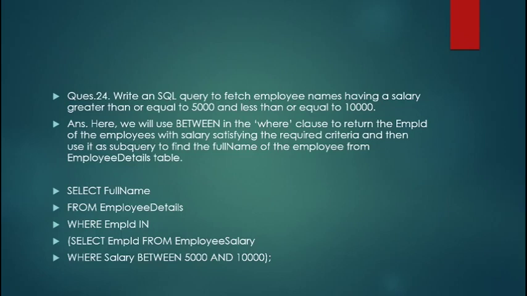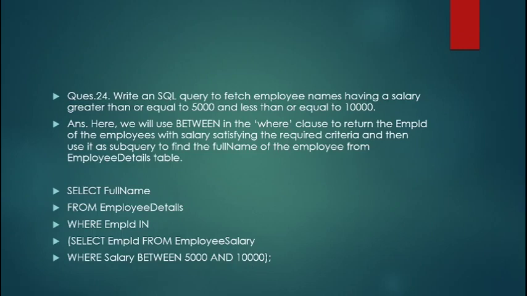We will use the between clause with the where clause to return the employee ID. So how we are writing it here is, you can see first we have used the inner query, that is select employee ID from employee salary where salary between 5,000 and 10,000.